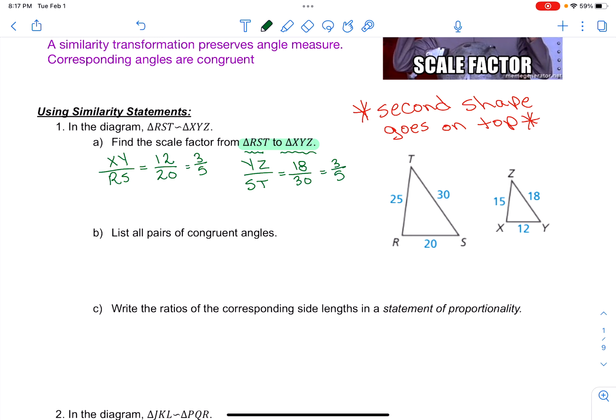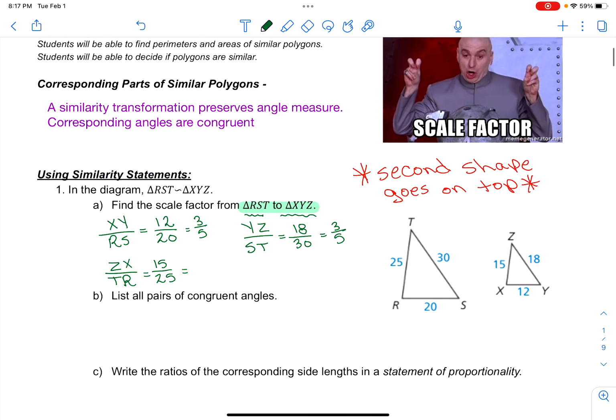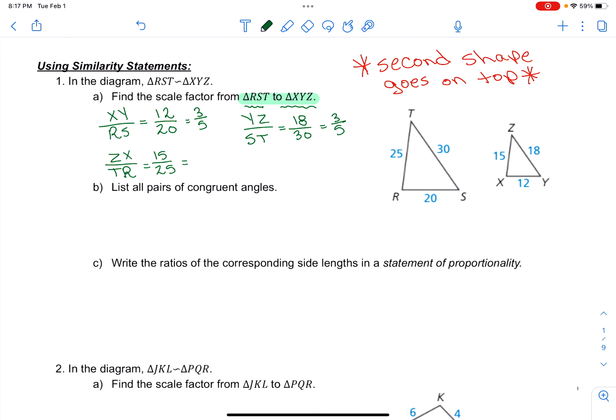In this case, 6 goes into 18 3 times and into 30 5 times. And our last side would be ZX to TR. ZX is 15. TR is 25. Sorry about that. 5 goes into 15 3 times, and 5 goes into 25 5 times.